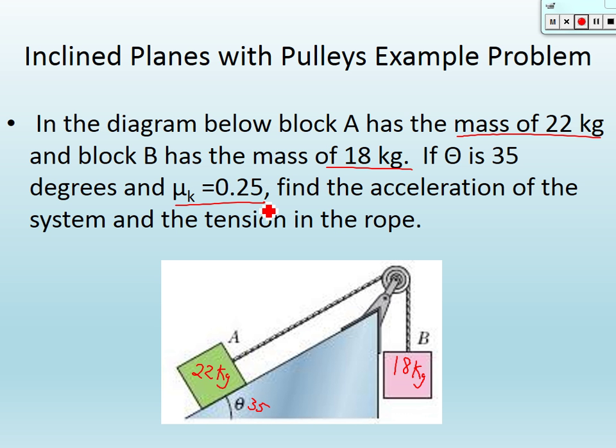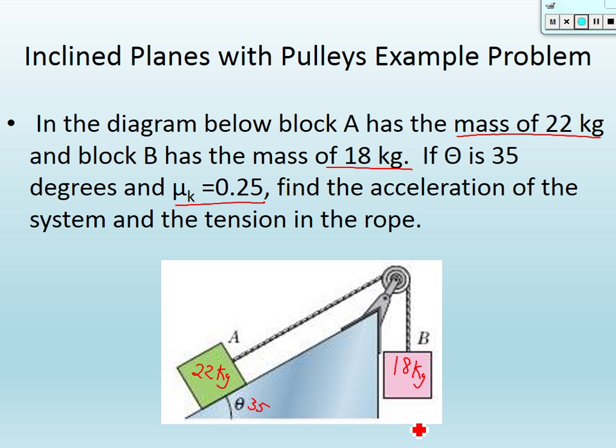Okay, so if this system is going to accelerate, how do we know which way it's going to accelerate? Well, we're going to have to draw the free body diagrams and figure out the force that's pulling it down the ramp here. And we're going to compare that with the force that's pulling block B down, which is its weight.